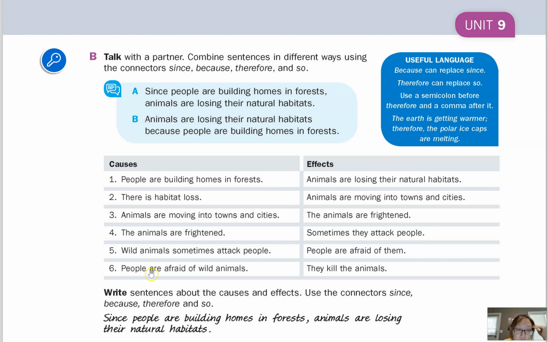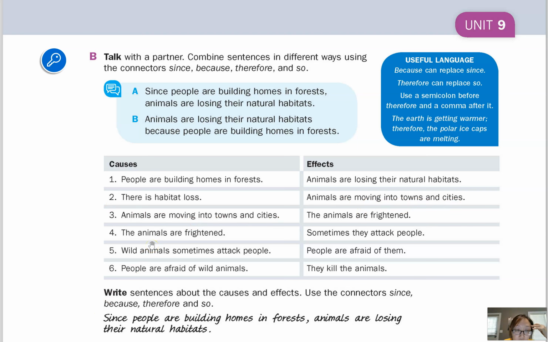And since people are afraid of wild animals, they kill them. Okay? Now, that's really easy because we just put since at the beginning of the cause clause. And the same thing, you can put because in front of the cause clause. So because there is habitat loss, animals are moving into towns and cities, and so on.